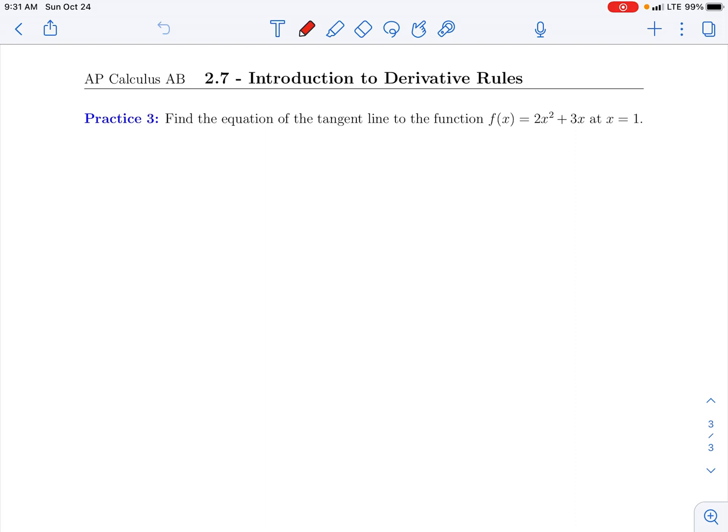Okay, so I'm going to first try to find the slope by saying that the slope of the tangent line, which I'm going to denote as m tan, at x equals 1 is equal to the derivative at 1.